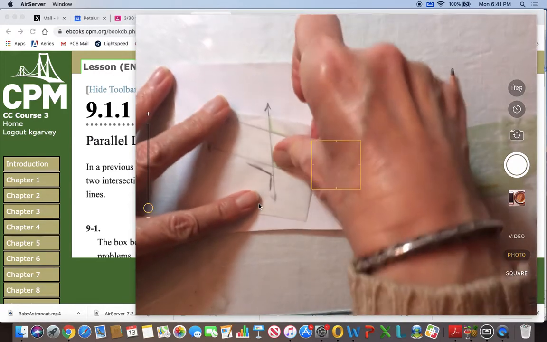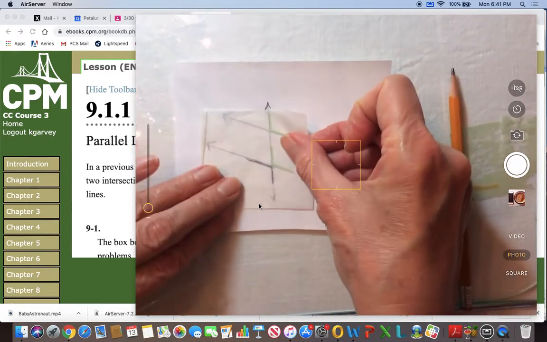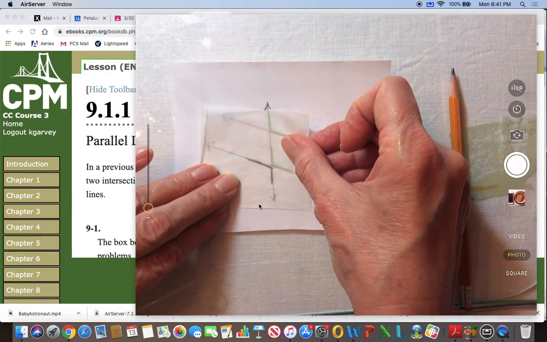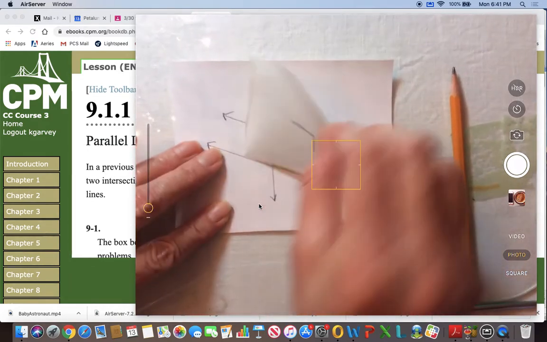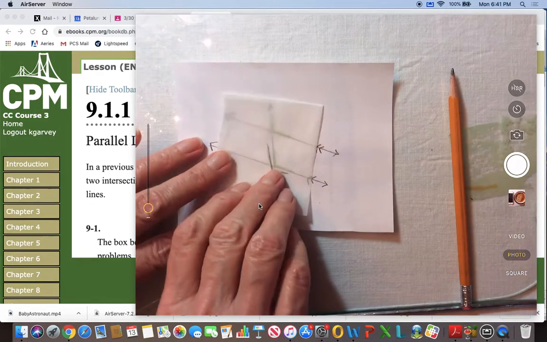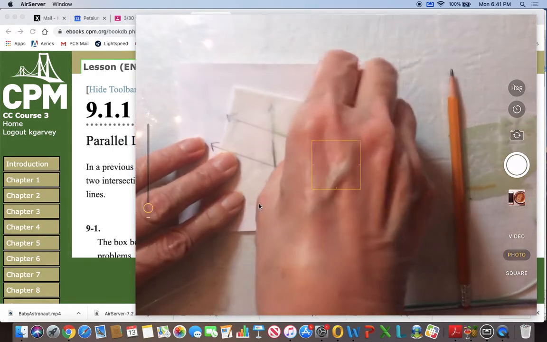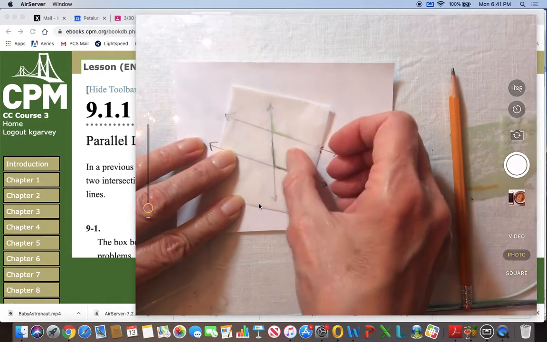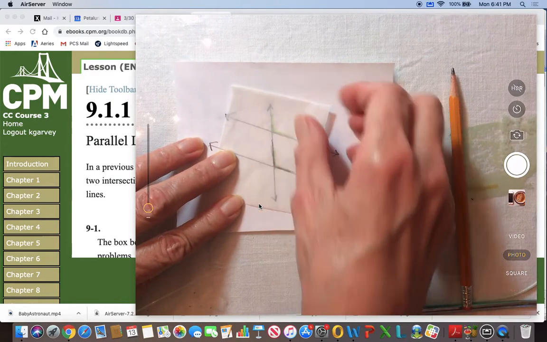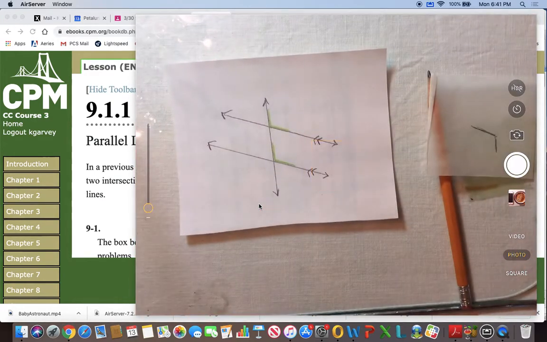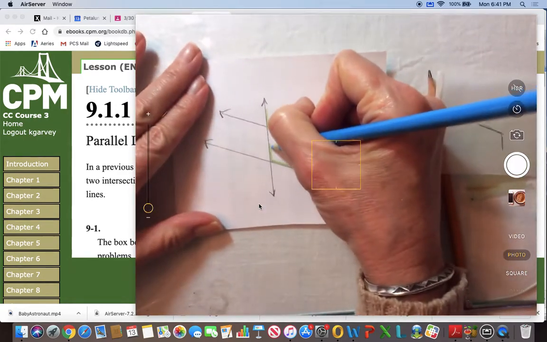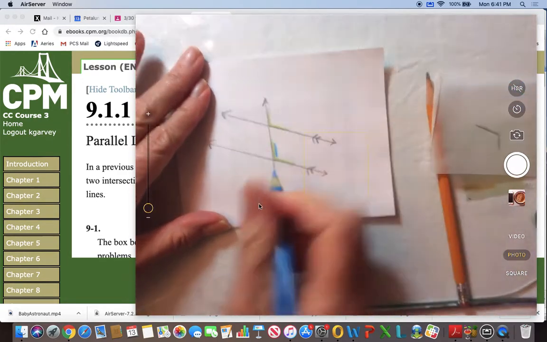But if we turn this slightly this way, we can see that we found yet another pair that is exactly the same. So it's kind of on the opposite side of these two intersecting lines, but it is the same size angle. So let's go ahead and mark that one with a different color. We'll make this one blue.